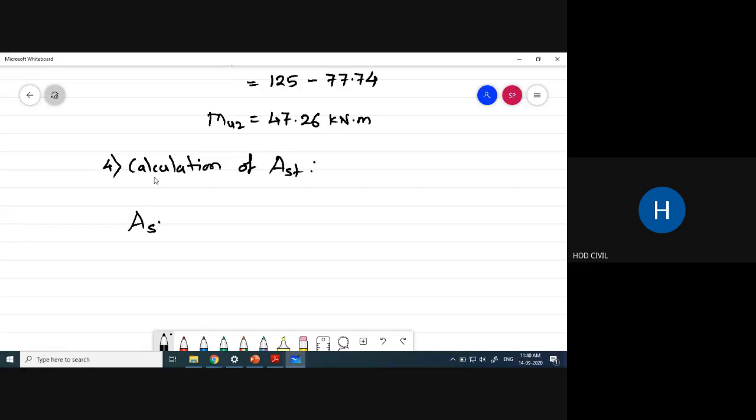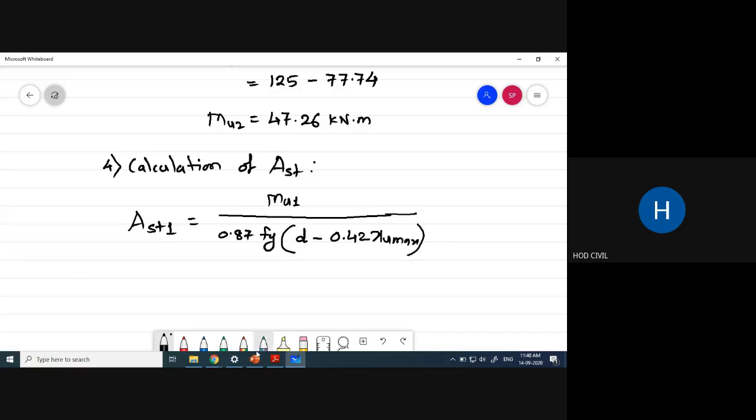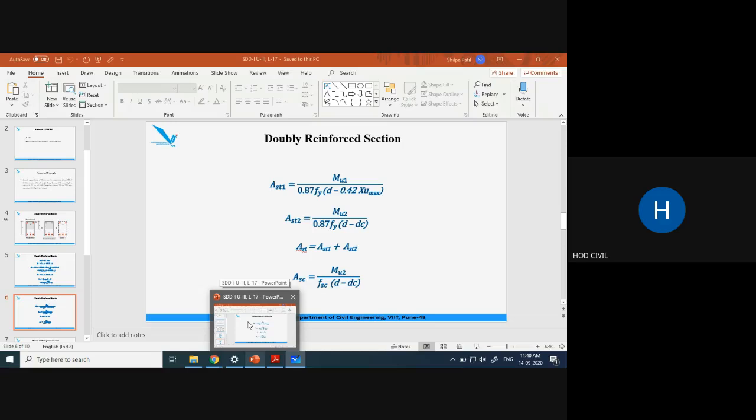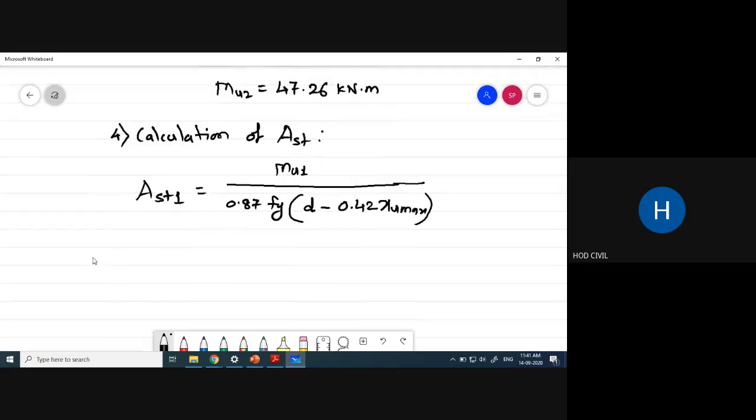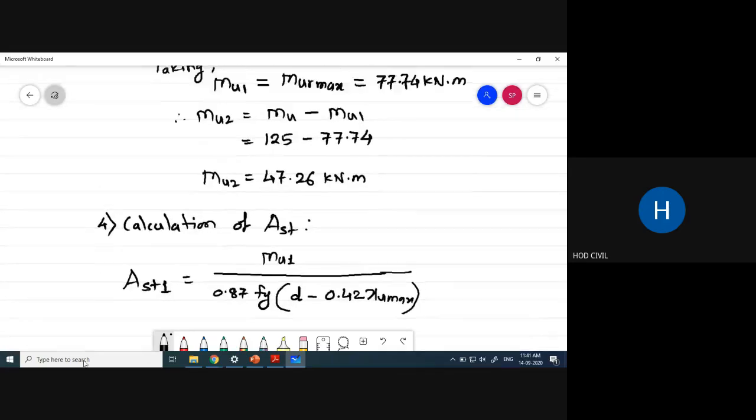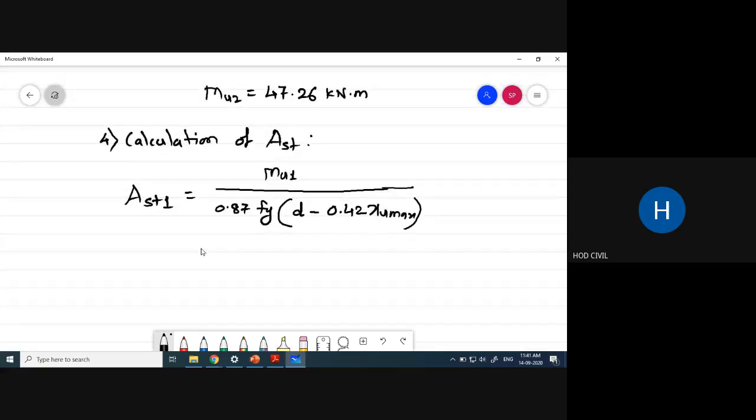So what is the formula? AST1 is equal to mu1 divided by 0.87 Fy into bracket D minus 0.42 XU max. Am I right? Let me check the formula again. Yes. So put all the values here now in this equation. So what is mu1? mu1 is 77.74.